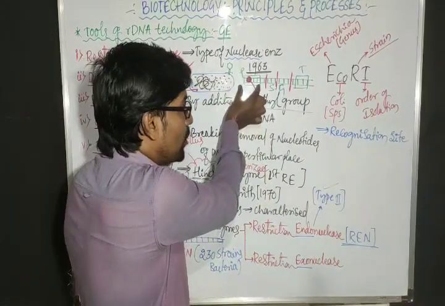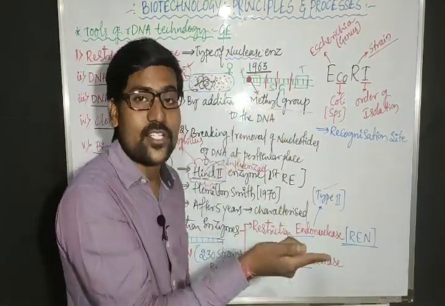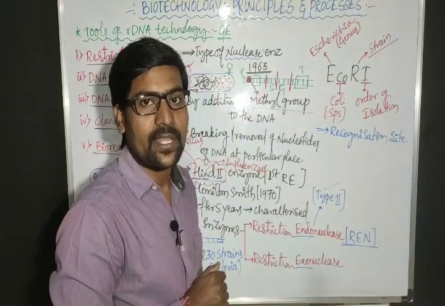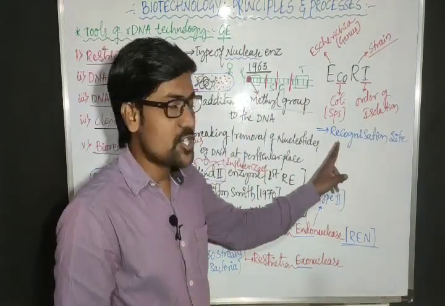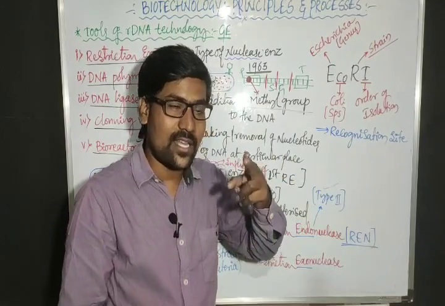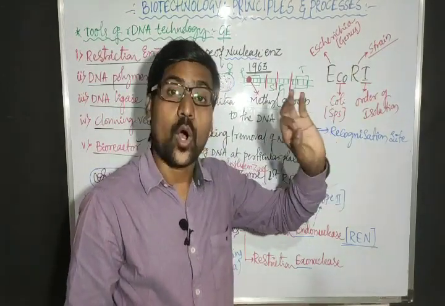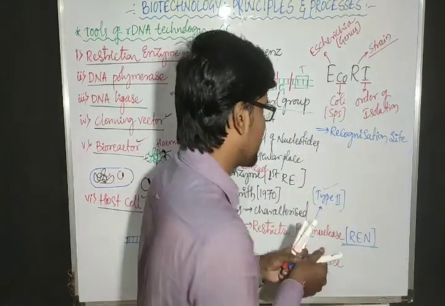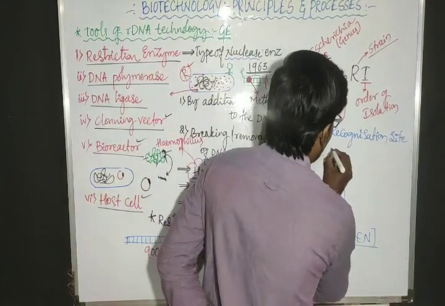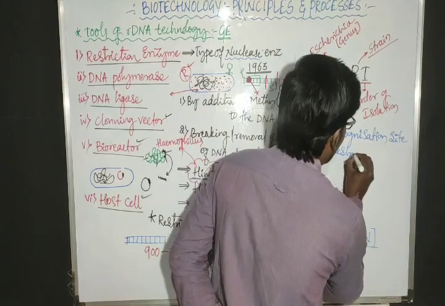That means the promoter sequence is the recognition site for that enzyme. In the same way, for a restriction endonuclease enzyme to cut the DNA, some special sequences are present. We refer to them as a recognition site or restriction site.